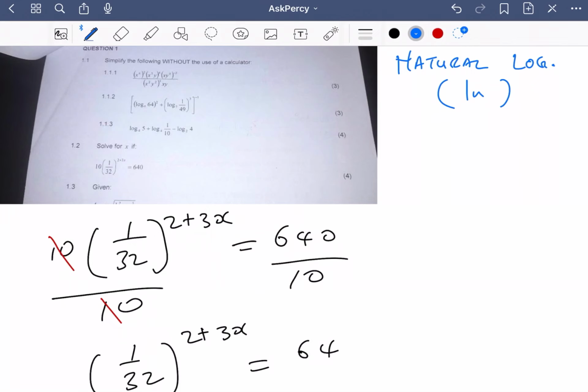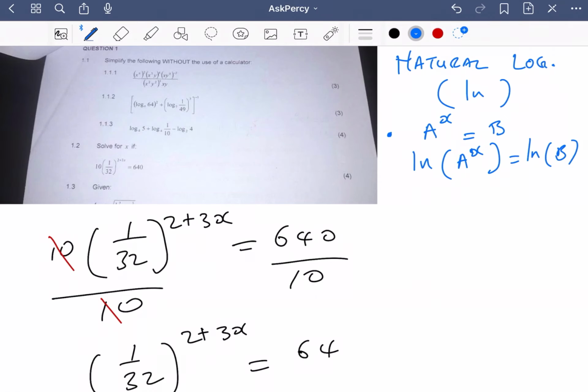So what you need to know here, the rule that I want you to remember to actually solve this particular problem is, if you have a to the power x is equal to b, and then you introduce a natural log on both sides, ln of a to the power x is equal to ln of b. So just introducing natural log on both sides.